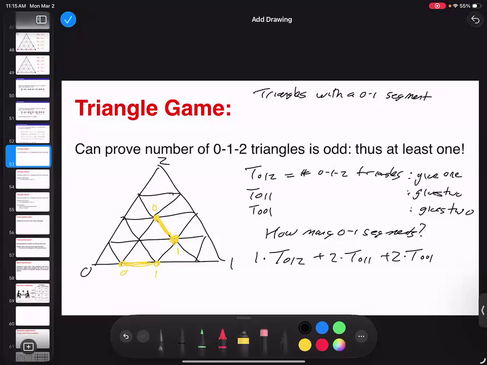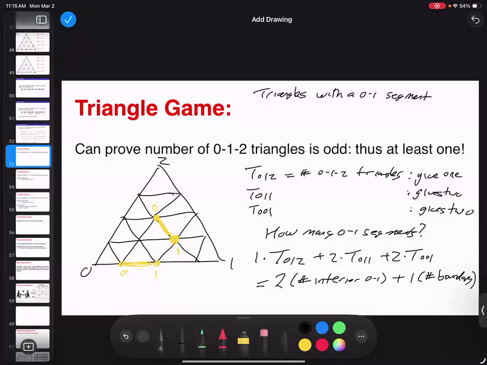So this is going to equal 2 times the number of interior 0, 1 segments plus 1 times the number on the boundary. Anything inside is included in 2 triangles, so it's counted twice. Anything on the boundary is only counted once.